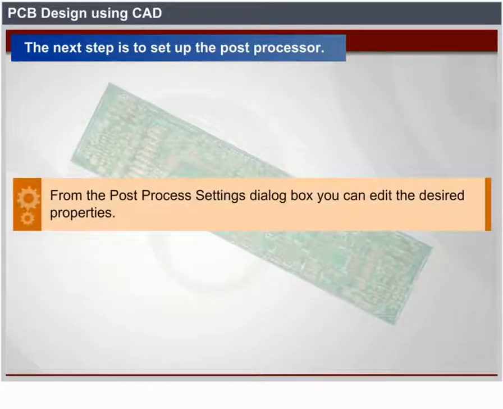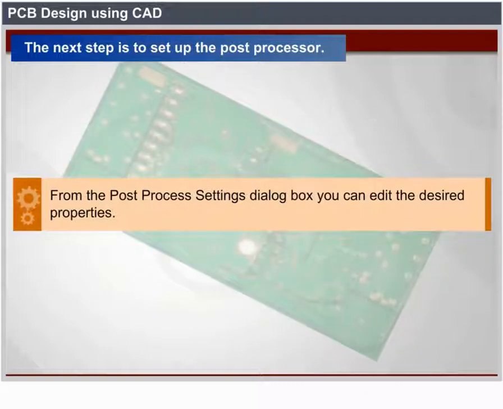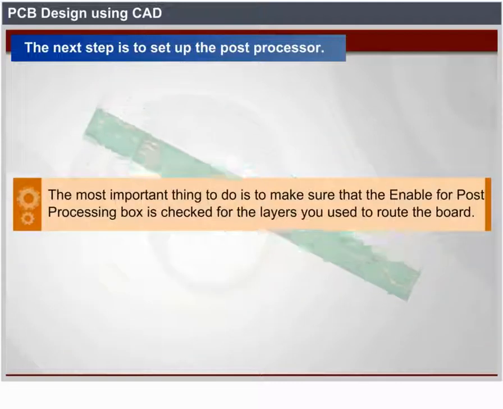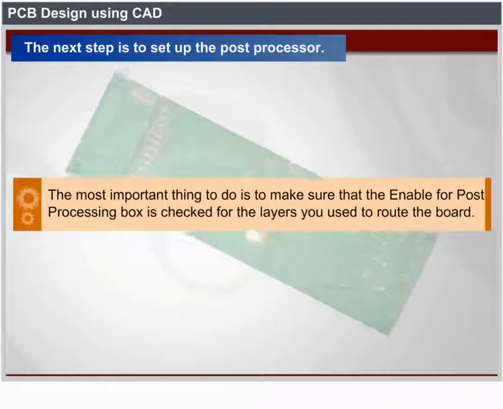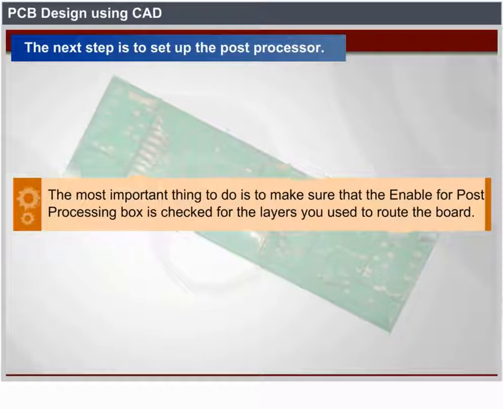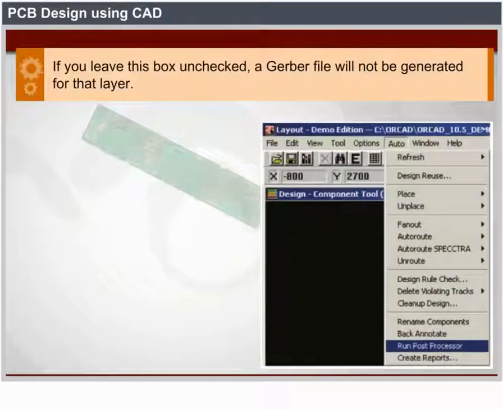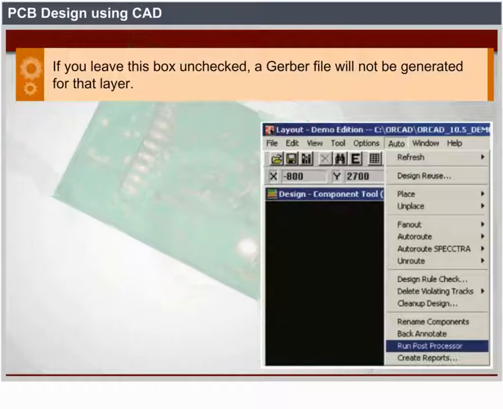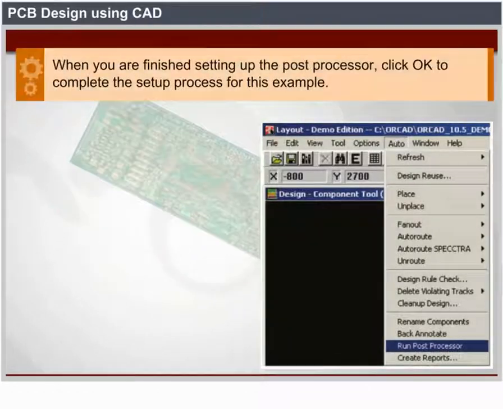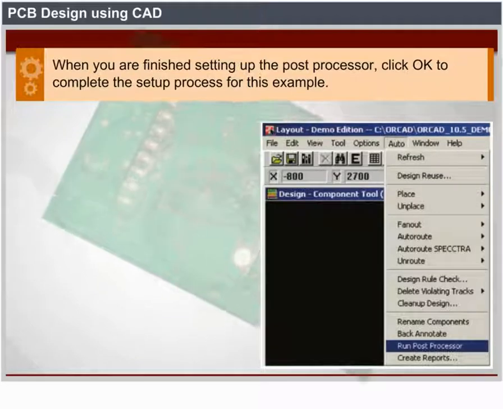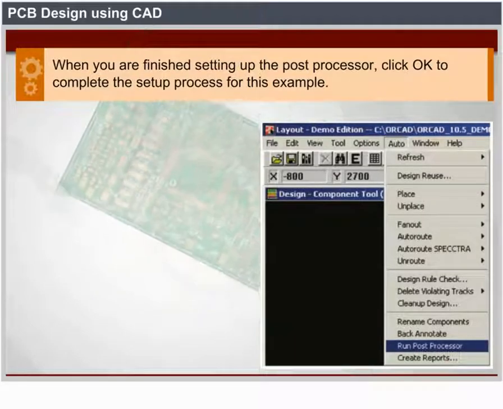From the Post-Process Settings dialog box, you can edit the desired properties. The most important thing to do is to make sure that the Enable for Post-Processing box is checked for the layers you use to route the board. If you leave this box unchecked, a Gerber file will not be generated for the layer. When you are finished setting up the post-processor, click OK to complete the setup process for this example.